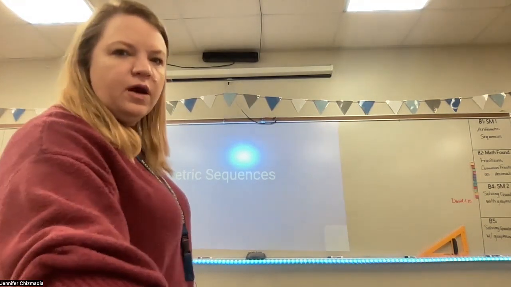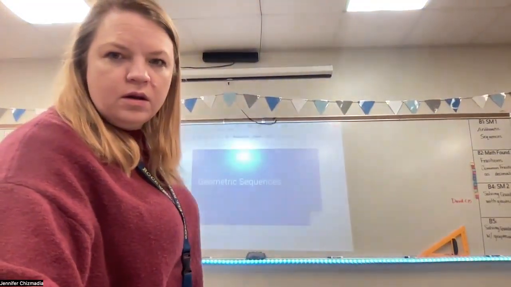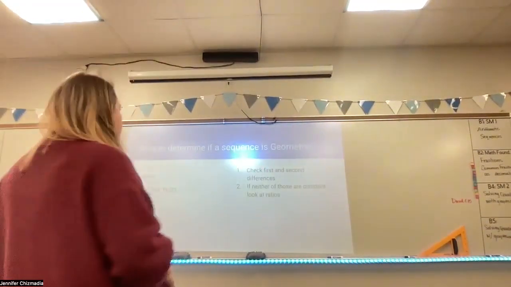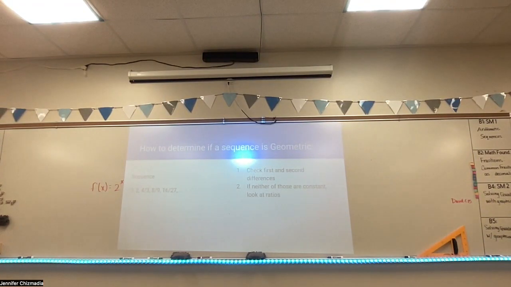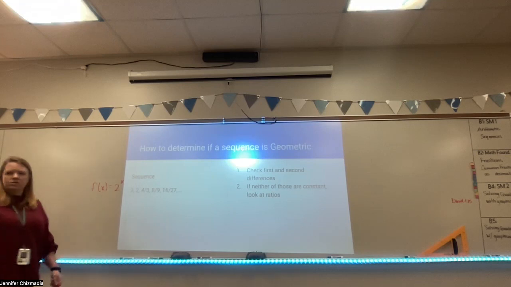Let's slideshow it. So when we're looking to determine if a sequence is geometric, we're looking to see if it's multiplied by the same number every time. But first, in order to determine if a sequence is geometric, we have to rule out that it's arithmetic first.